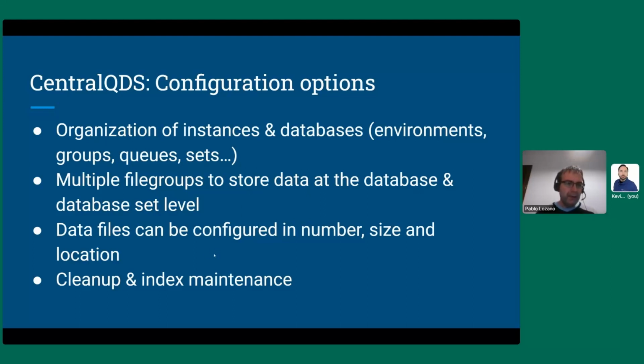And also for these file groups, the data files can be configured in number, size, and location, which is very important because when I was doing stress tests on different versions of this tool, different number of databases, different parallelism, and different number of CPU and memory on the box that was running all these reports, I realized that I was reaching a point where I was getting issues with the number of files.